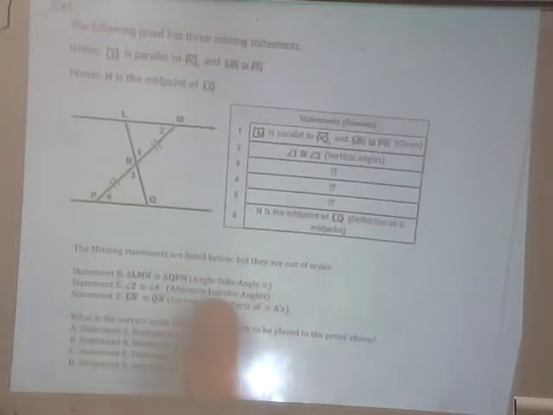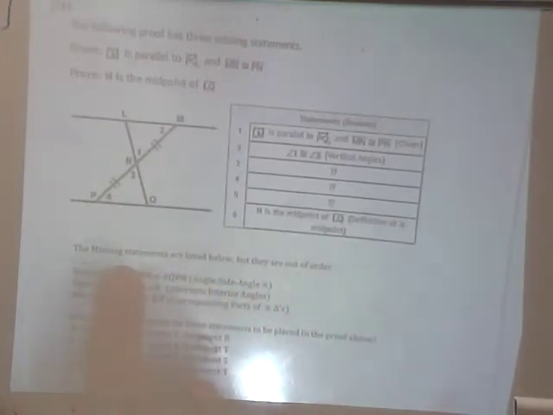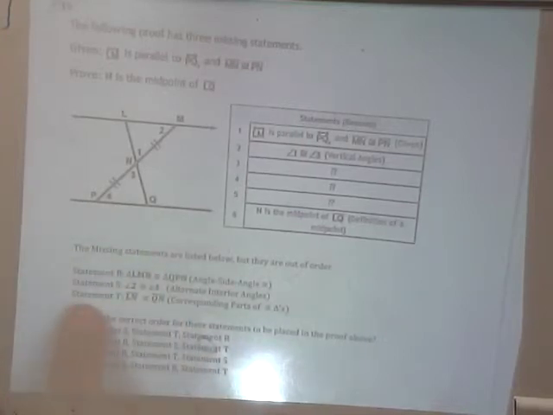Okay? And they use, to prove the triangles, the angle, side, angle, I'm sorry, I did that wrong. Statement R has to come before statement T. R is the one that says congruent triangles, then we can use CPCTC.